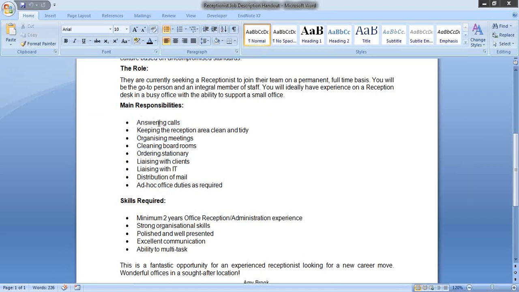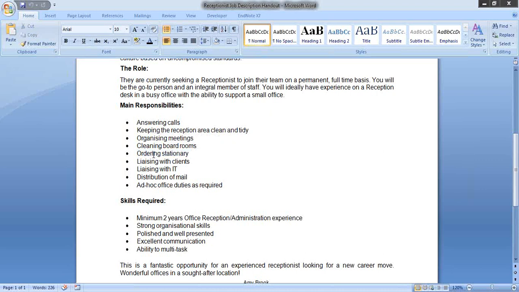So the way that this receptionist might be measured, or their KPIs, the way they might be measured for their performance, for each of these there might be a different method. So answering calls might be looking at a report telling you how many times they answered or didn't answer the call. Did they answer 95% of the inbound calls coming in? Yes? Okay, great. Although ordering stationery might have a completely different methodology of measuring that performance.